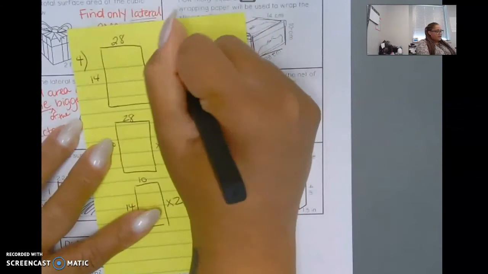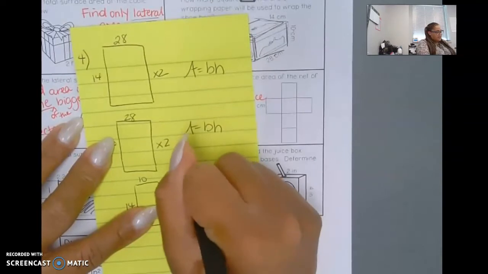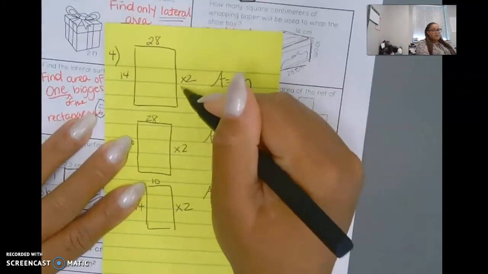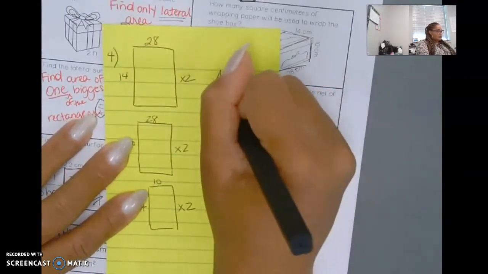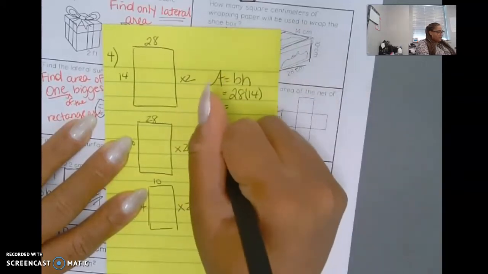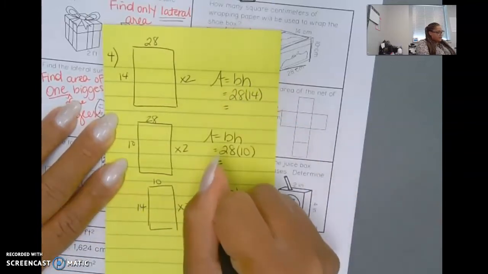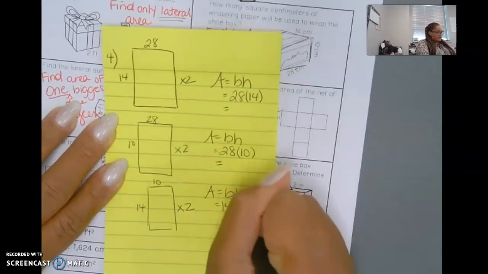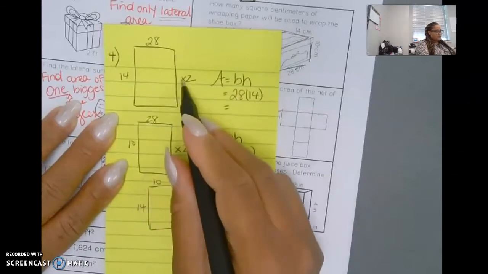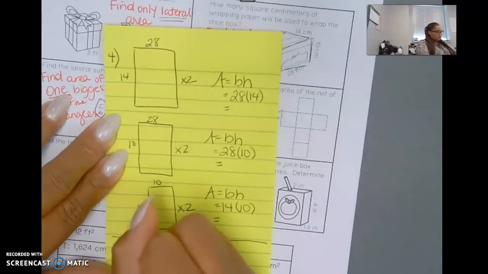So I'm going to write A equals base times height, A equals base times height, and A equals base times height, and then multiply by 2 because I want 2 of those. So I'm going to do 28 times 14, get an answer; 28 times 10, get an answer; and 14 times 10, get an answer. Once I get an answer, I'm going to multiply by 2, and then add all of these up to get the total.